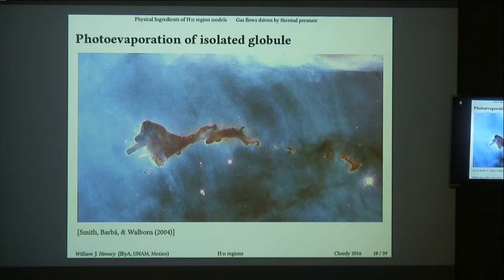But this same process occurs on all scales, and if you have a globule whose radius of curvature is more than about 5 or 10% of the radius of the H2 region, then you can dominate the entire dynamics with these photoevaporated flows.